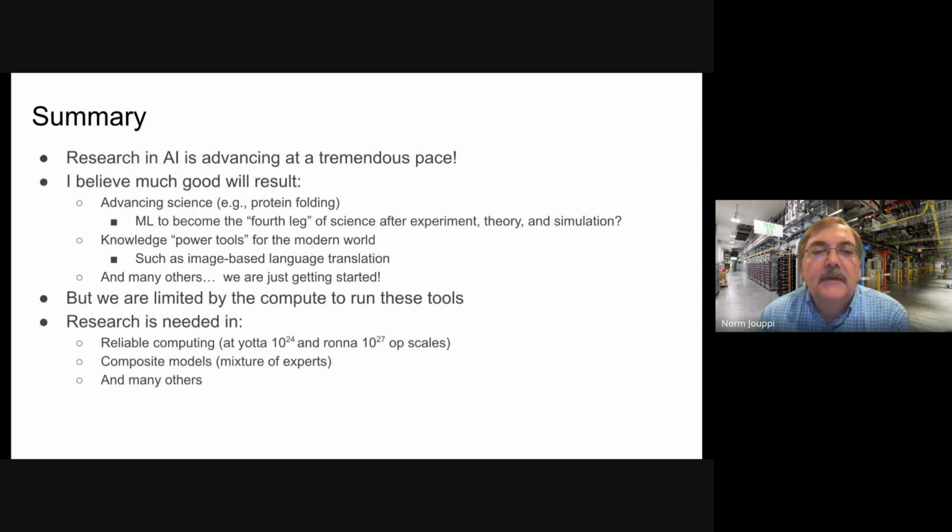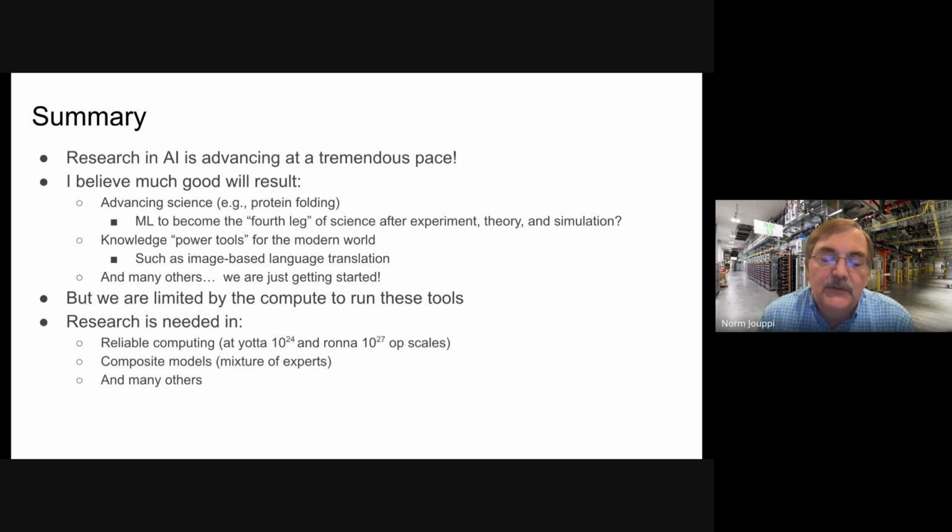And so to summarize, the research in AI is advancing at a tremendous pace. It's really shocking how quickly it's improving. The things I'm most excited about in AI are not being able to chat with someone or something at any time of the day, but I think a lot of good will result from its application in science.